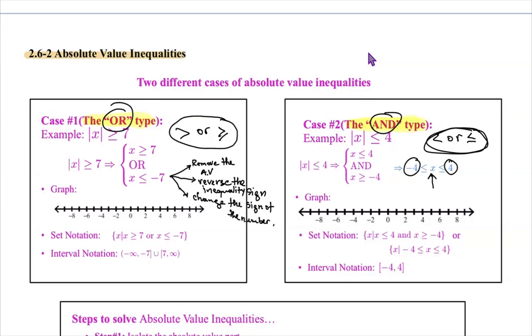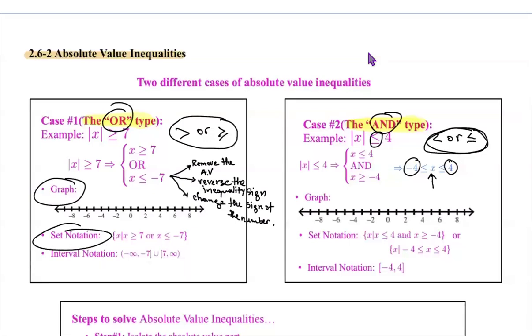Obviously, we're going to preserve the same inequality on both sides of the x value, this time without the absolute value sign. Now, after solving either inequality type, you will be able to give the solution in all three different formats that we've seen so far: the graph, the set notation, and then the interval notation.